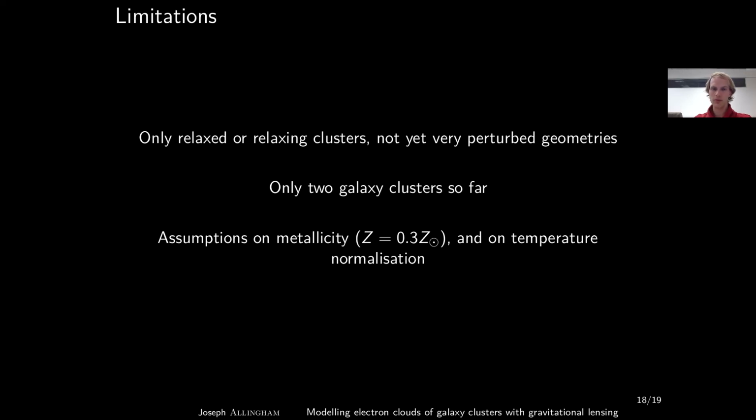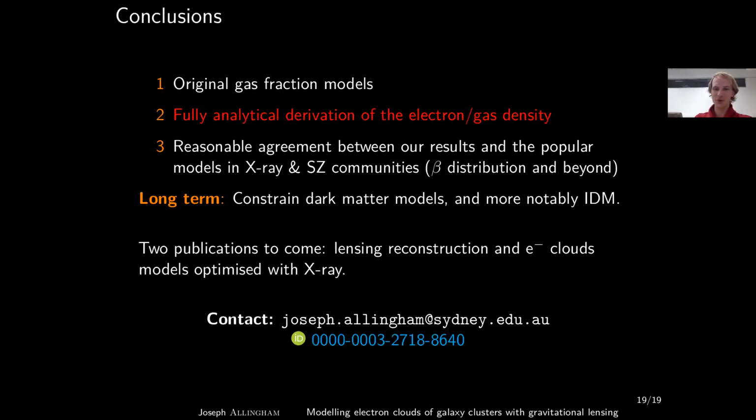So, for example, if instead of knowing the temperature normalization, we knew the electron density normalization, we could still apply the same formula just as efficiently, or if not more. So I think this formula has a lot of potential.